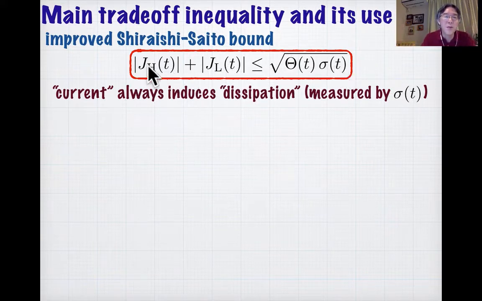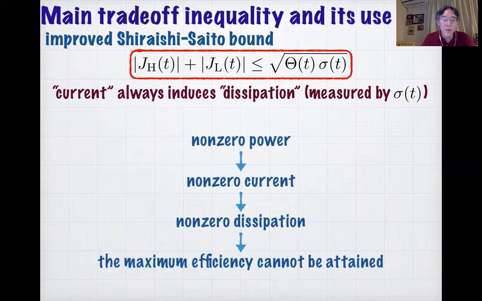So this tells you that whenever you have non-zero current, you must have non-zero dissipation. And this actually implies our main conclusion that we discussed in part 1 about the power and efficiency of heat engines.